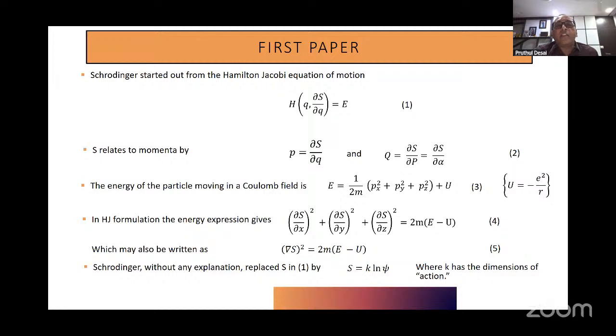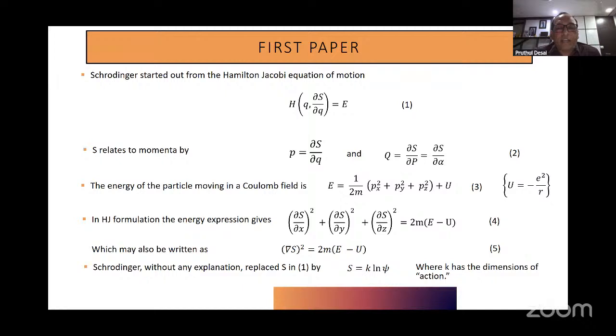Now, in the HJ formulation, if I write q and p, then the HJ equation in terms of the Cartesian coordinates will be given by equation 4, which can also be written as del S square is equal to 2m(E minus U). I'll not get into how these steps come, but it's simple mathematics. So this is where Schrodinger's genius comes into the picture.